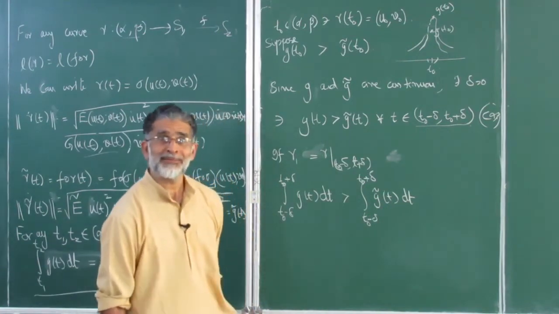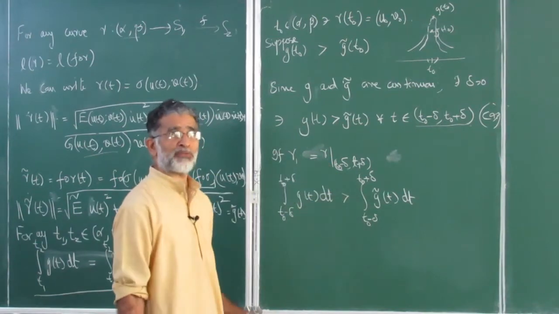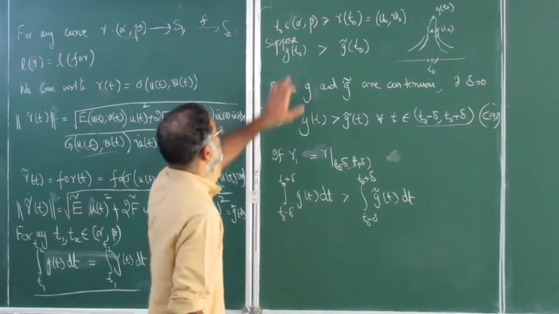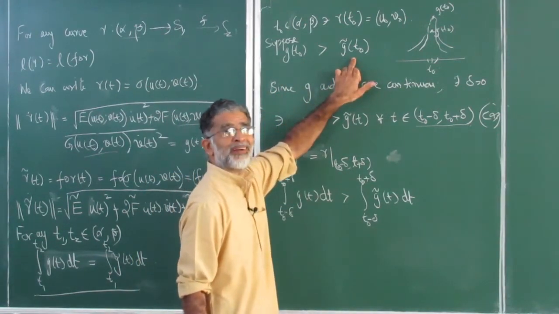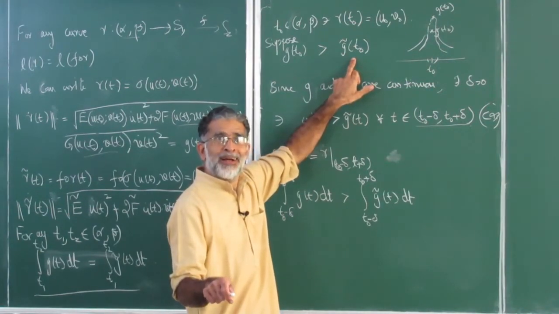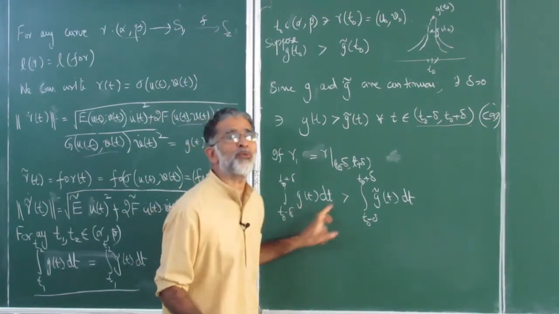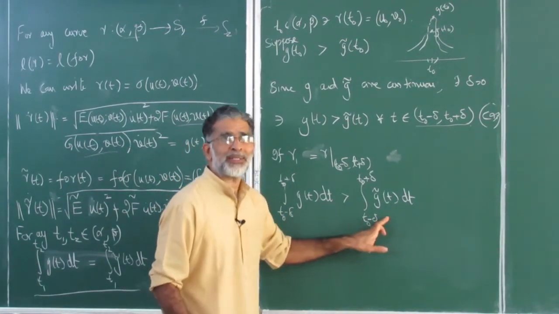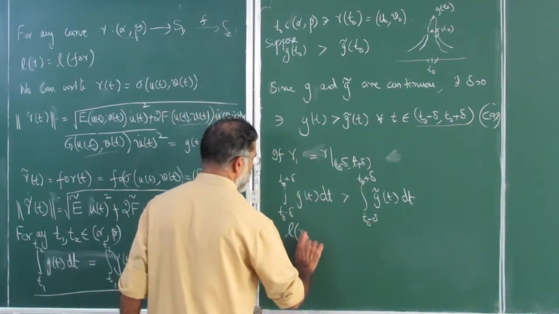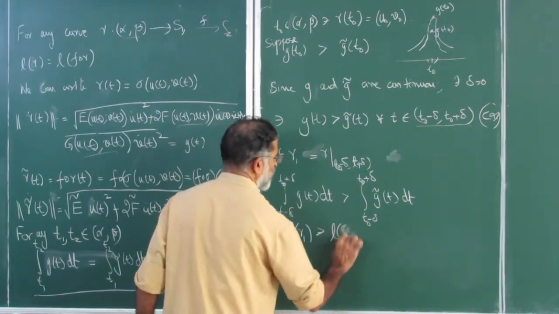That's a contradiction, since we have restricted gamma to this interval. So even if they differ at one point, they differ in an interval, and restricting gamma to that interval, you will not get equality. So the length of gamma 1 is strictly greater than the length of F composite gamma 1.